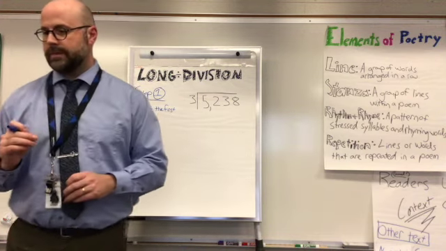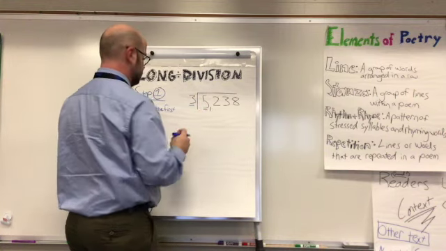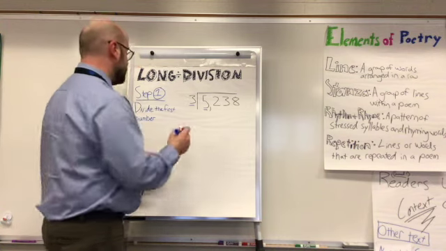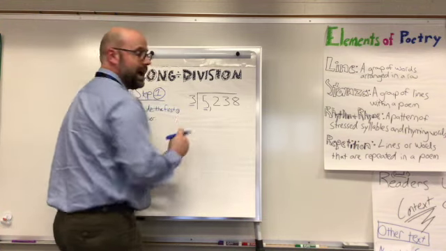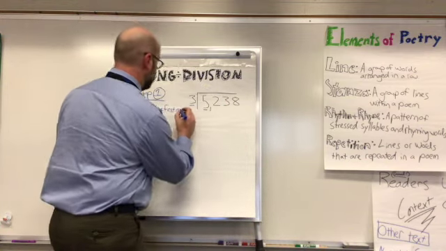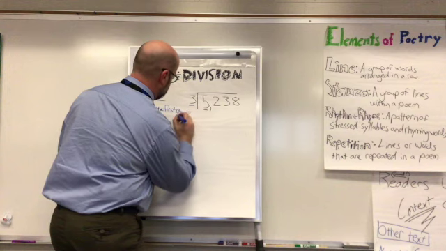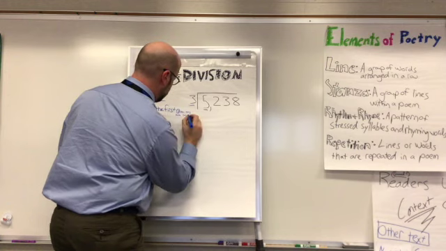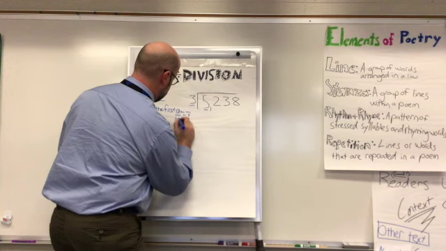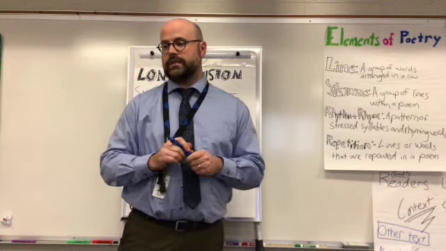Divide the first number, which is 3 and 5, right? And this is basically saying how many times can 3 go into 5?